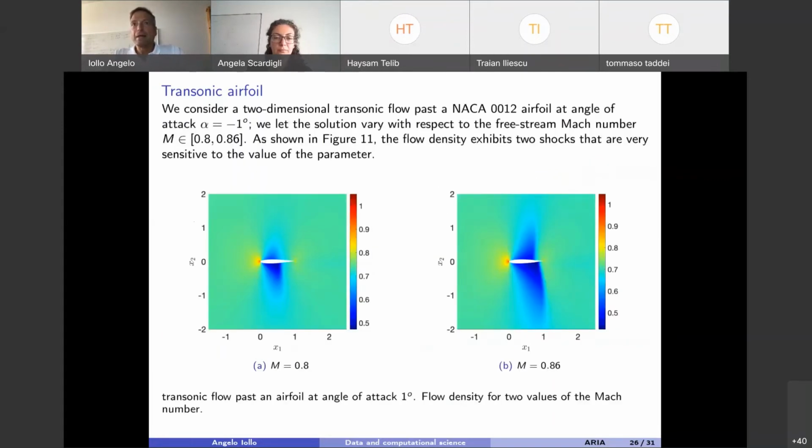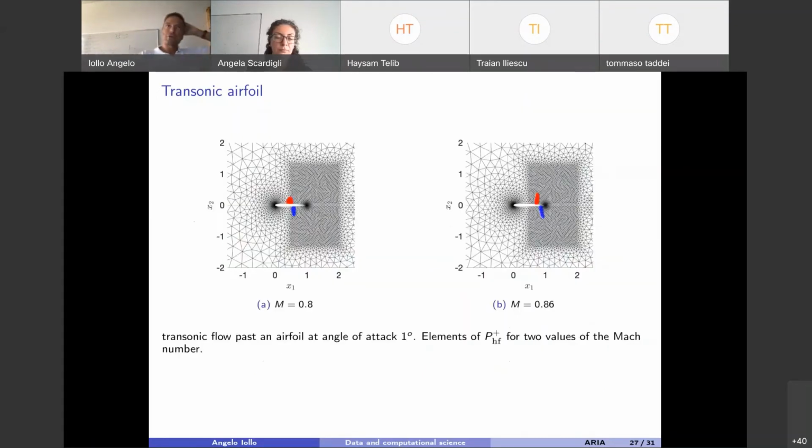Now of course you will tell me that there are several structures. So here we have a transonic flow which has two structures, so two shocks, one on the pressure side and one on the suction side, okay?